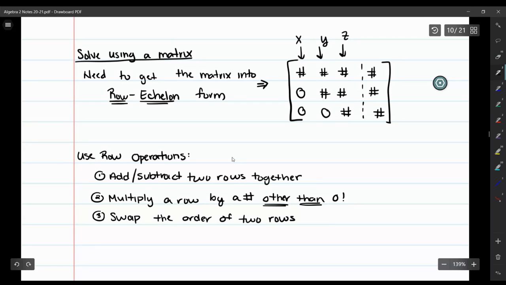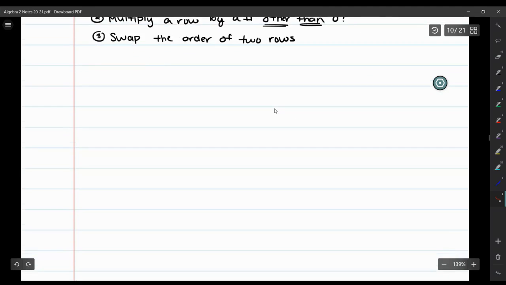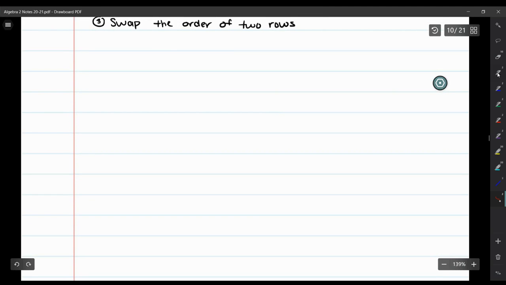So using these row operations, we are going to get our matrix to look like this, and then use what we call backward substitution to find the rest of our variables. So let's do an example. So this is technically example 3. All right, so we want to solve. Here's our system, 1, 2, 3 lines, because I have one equation on each line.